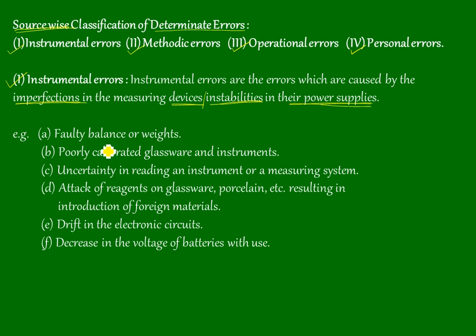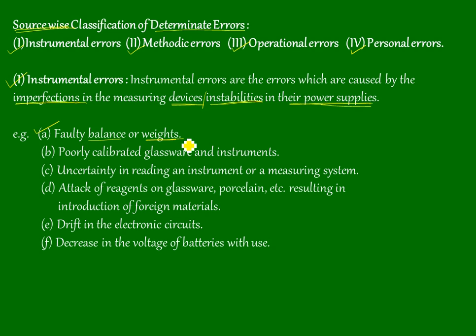For example, if you are using a faulty balance or faulty weights, there will always be a particular error which will repeat in every measurement, and therefore these errors are called instrumental errors, because a balance is an instrument.